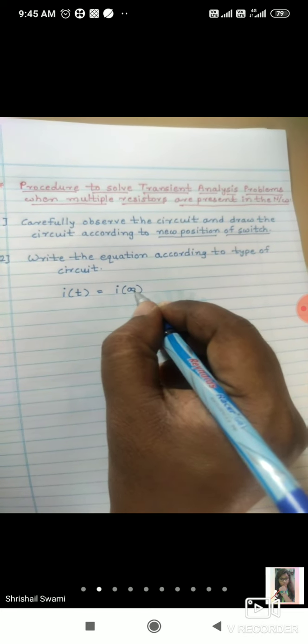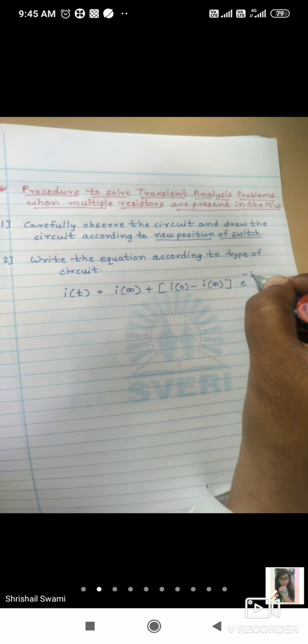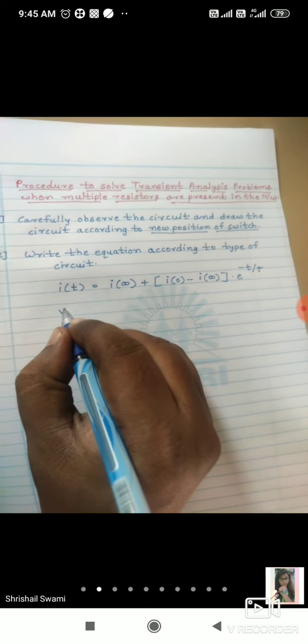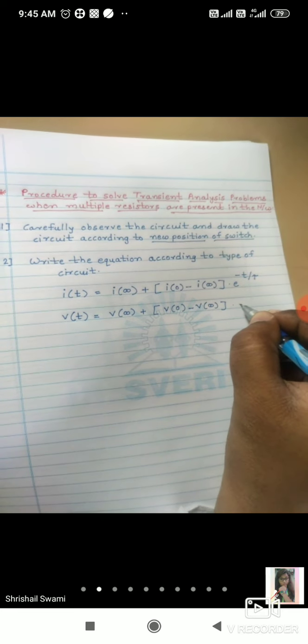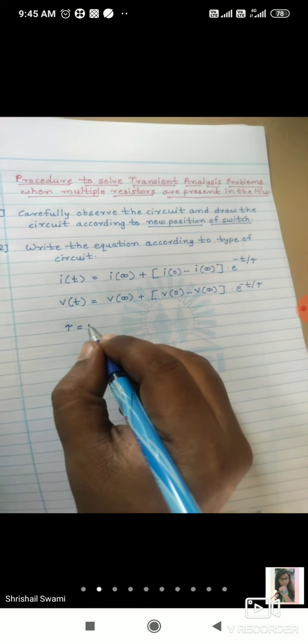If inductor is there or if current response is there, then I of t is equal to I of infinity plus bracket I of 0 minus I of infinity bracket complete into e raised to minus t divided by tau. Infinity means final condition. This is about inductor. So about voltage, V of t is equal to V of infinity plus V of 0 minus V of infinity into e raised to minus t divided by tau.